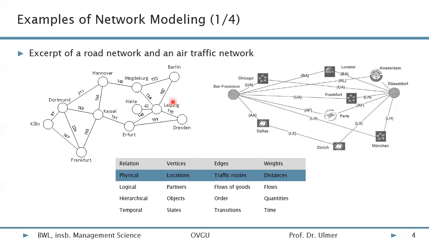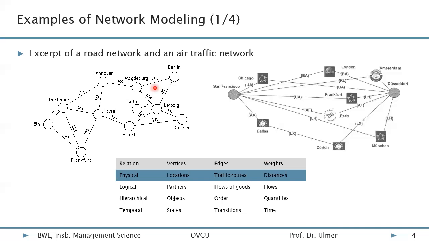And here, this is a road network example. We are here, and every vertex gives us a city. Every edge is maybe a direct traffic connection. And the weights are the distances. So if we go on Autobahn A2 from Magdeburg to Hanover, we travel about 146 kilometers.